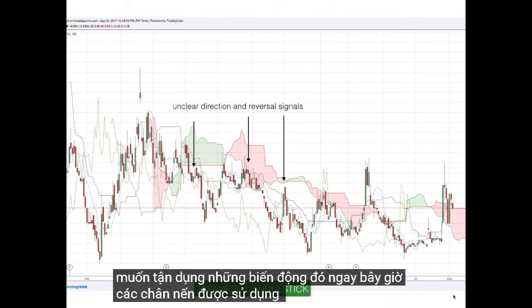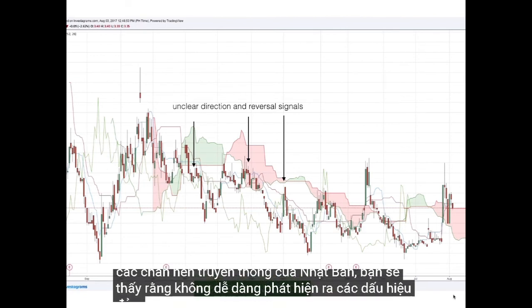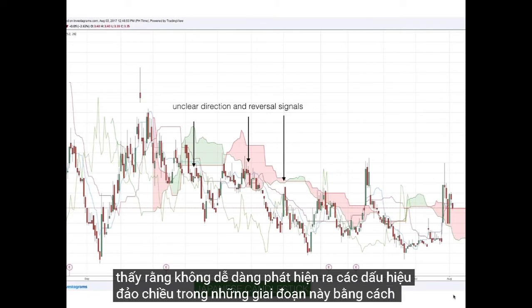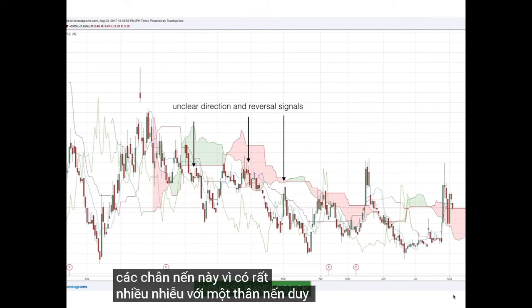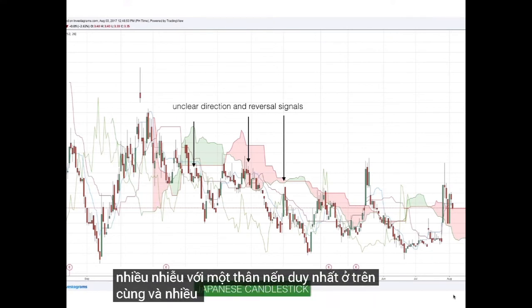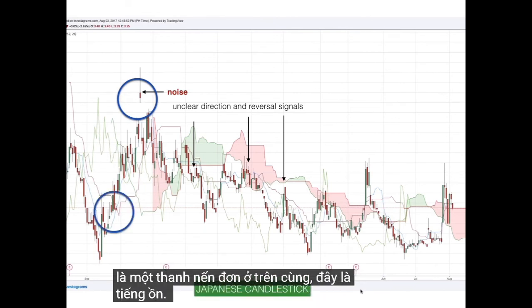Now, the candlesticks used in this chart are traditional Japanese candlesticks. You'll find that it is not easy to spot signs of reversal during these periods using these candlesticks because there's a lot of noise with that single candlestick on top and the many gaps in this chart. This was the single candlestick on top. This is noise.